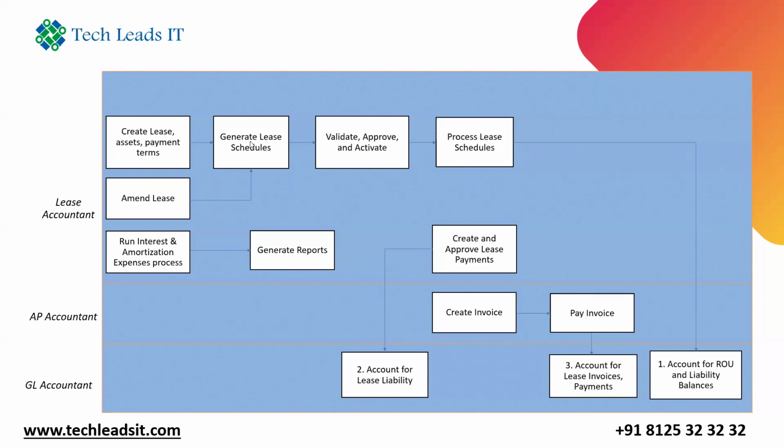Once he creates the leases, he is going to create a lease schedule. Once the lease schedule is validated, it is sent for validation, approval, and activation. If you have any approvals, then it will go for approval and then the activation process will get completed. Once the activation process is completed, I am going to process the lease schedules.